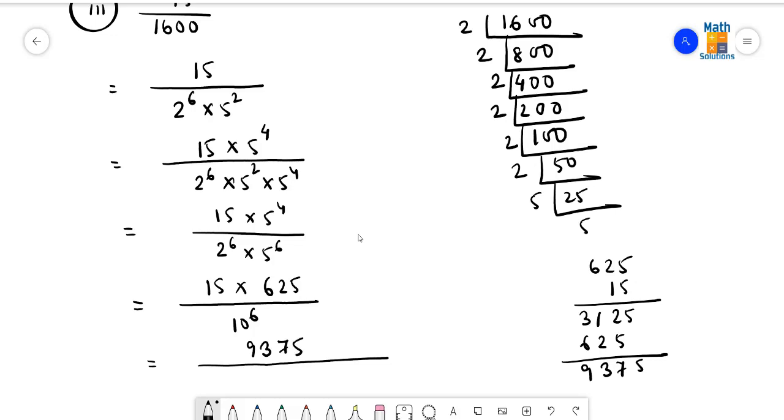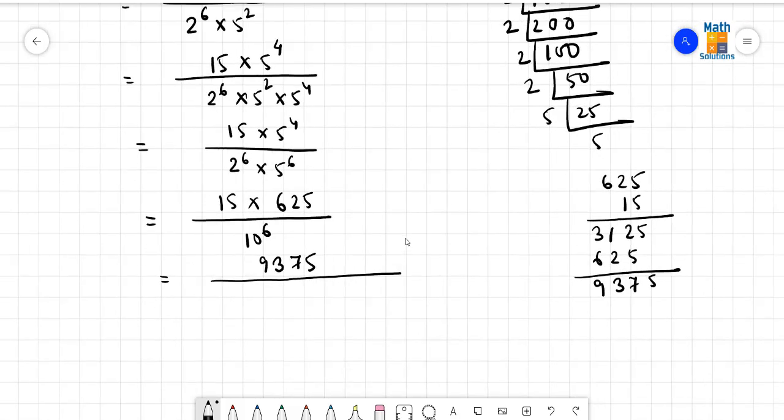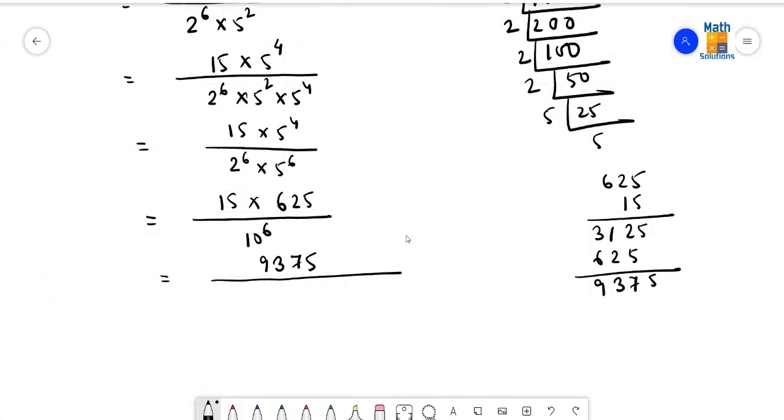And in the denominator part we already have 10 to the power 6, means there should be 6 zeros after 10. 6 zeros after 10. So the result will come as 0.009375. So this is the answer for this question.